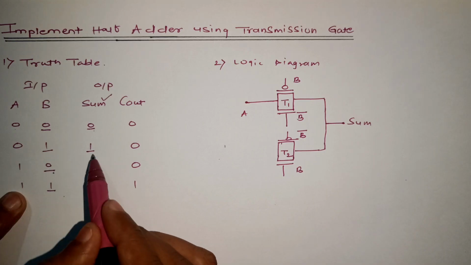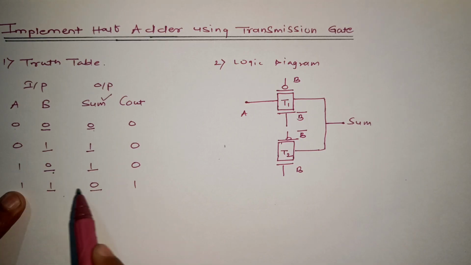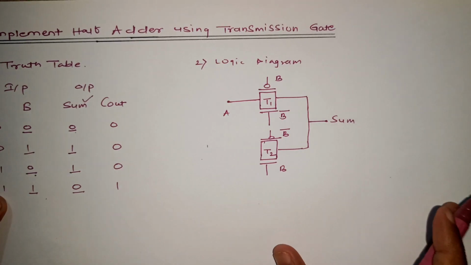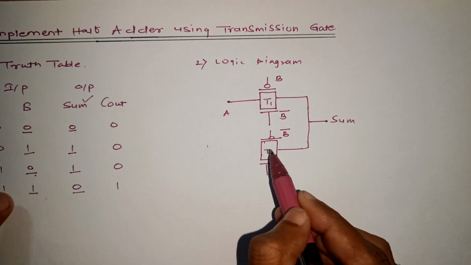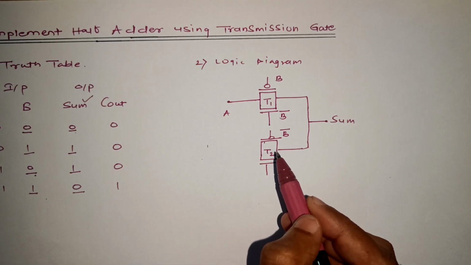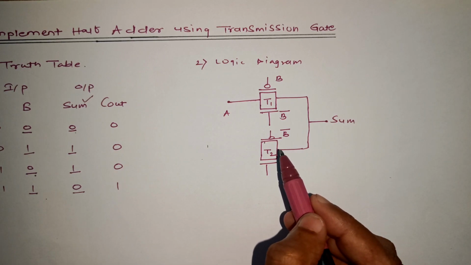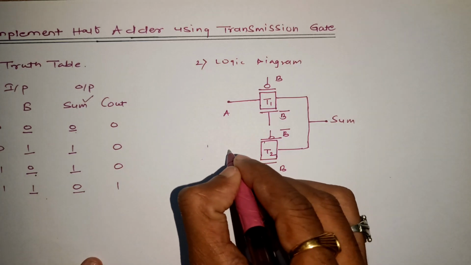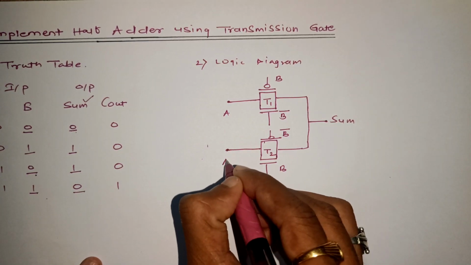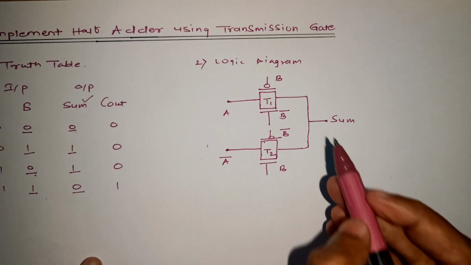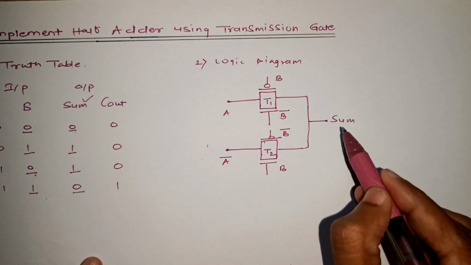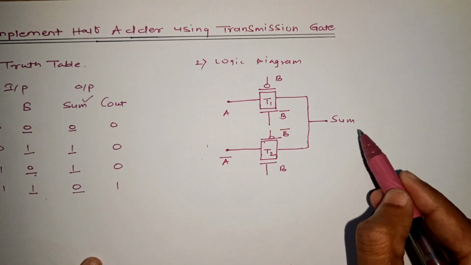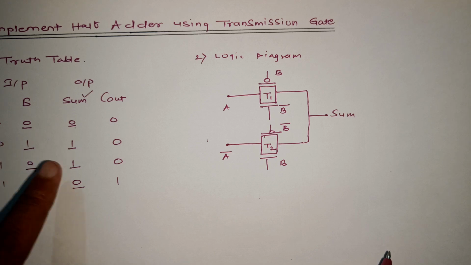That means it is complementary: 0 complement is 1, 1 complement is 0. So in the second case, when B is 1, this transmission gate will turn on. How it turns on, we have already seen in the working principle of the transmission gate. So I can connect this with A bar. When T1 is turned on, sum is equal to A. When T2 is turned on, sum is equal to A bar. So this is how we have implemented sum.